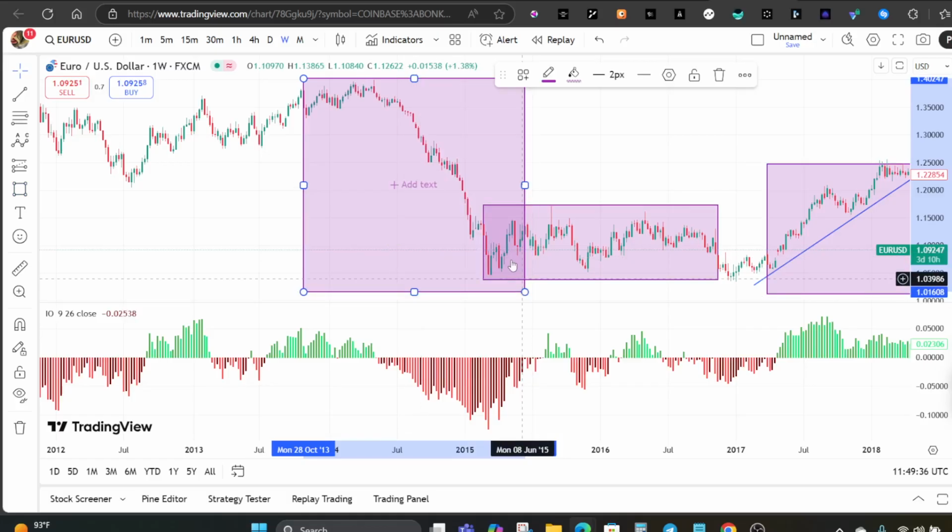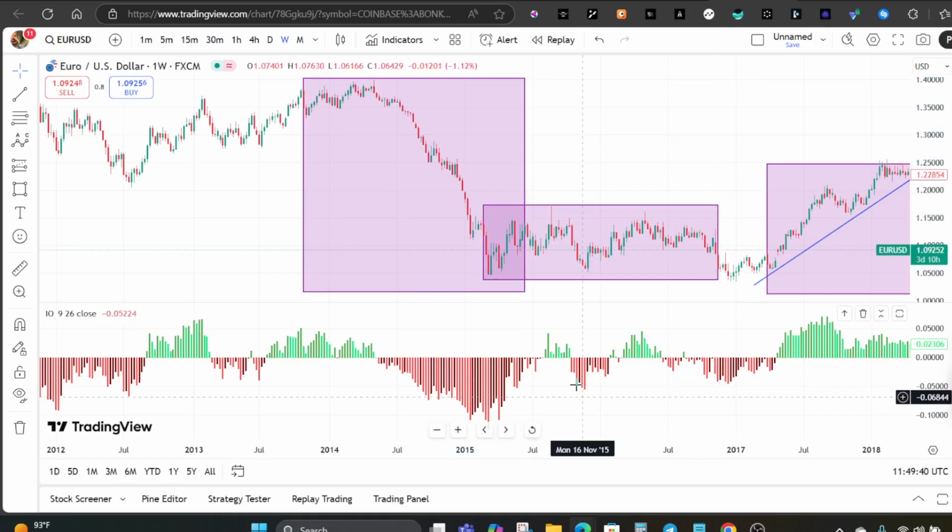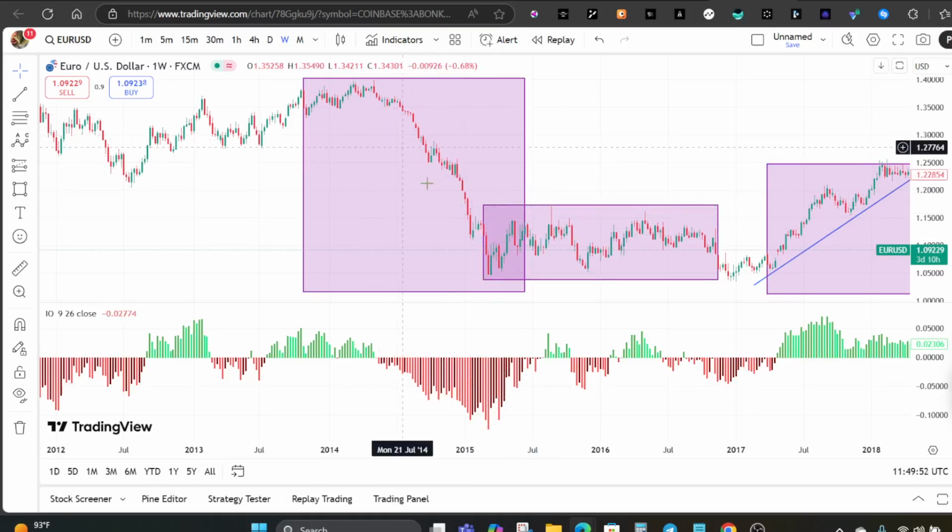When the value of the oscillator is below zero, negative values, it shows bearish momentum. When the oscillator is below zero, it shows selling pressure, meaning that the market is in a downtrend and sellers are dominating, like what we can see happen here.